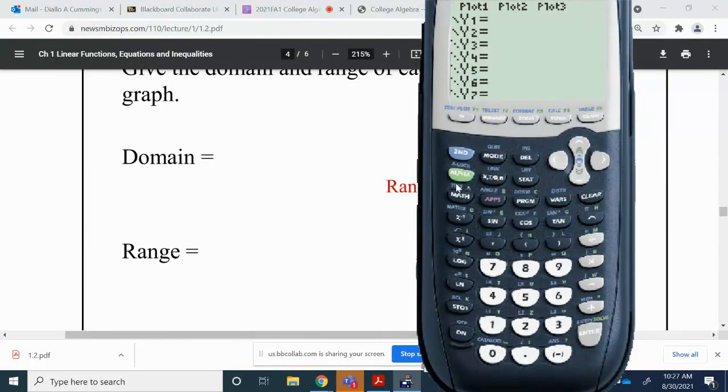I'm going to put in the square root of negative, so I'm using the negative, not the minus, negative x squared plus 9. Close off your square root. For y sub 2, I want to put in a negative square root of negative x squared plus 9. I'm going to use zoom 6 to graph.